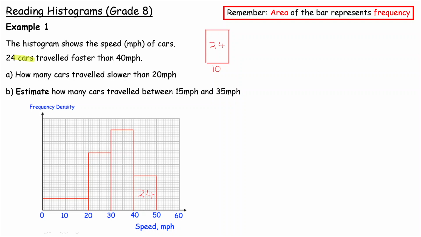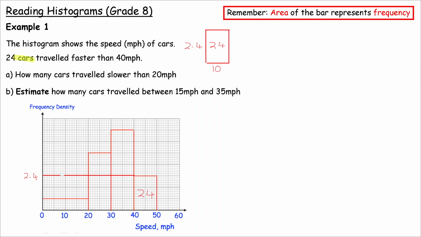Area of a rectangle: 10 times what is going to give me 24? The height must be 2.4, because 2.4 times 10 is 24. Which means if I read across from this point here, this value must be equal to 2.4, which is really useful to know.